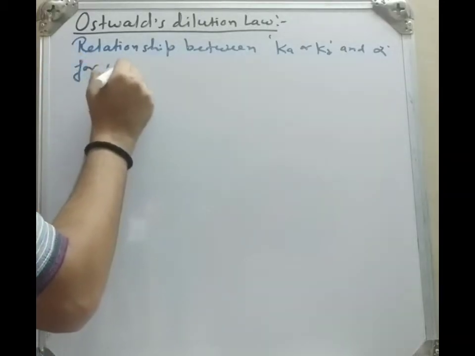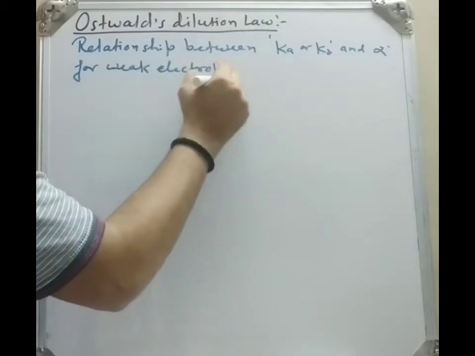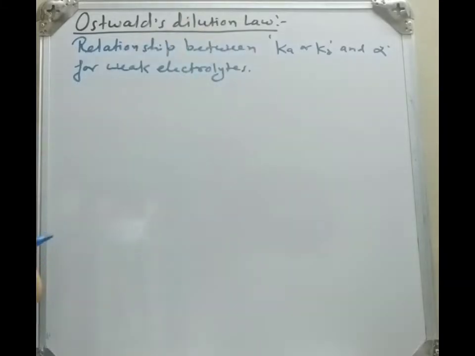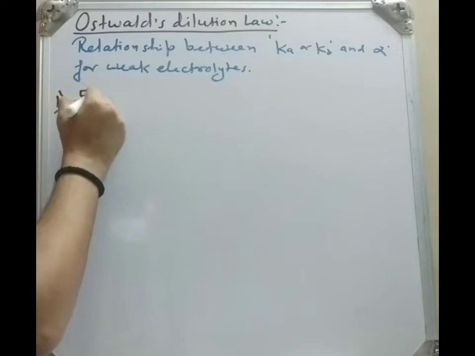First we consider a weak acid. So Ostwald gave a relation between dissociation constant and degree of dissociation for a weak electrolyte.